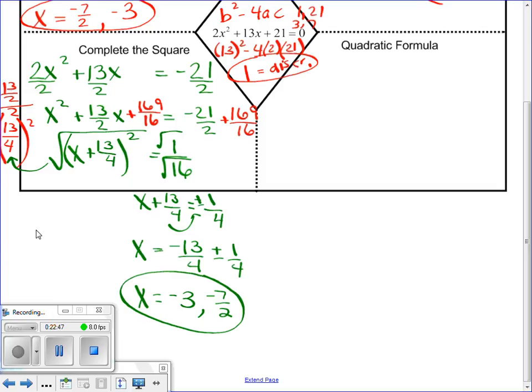You have to use each method at least once. So thinking about that back page of the test, which method should you probably do first?